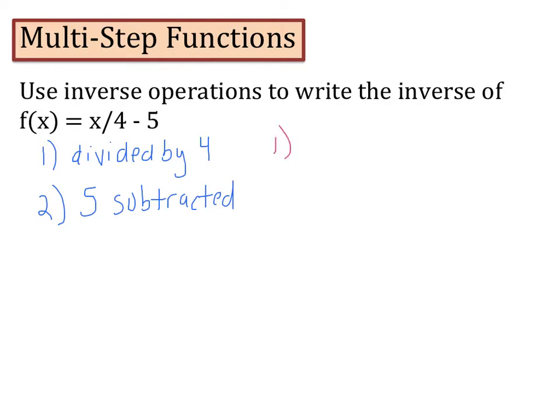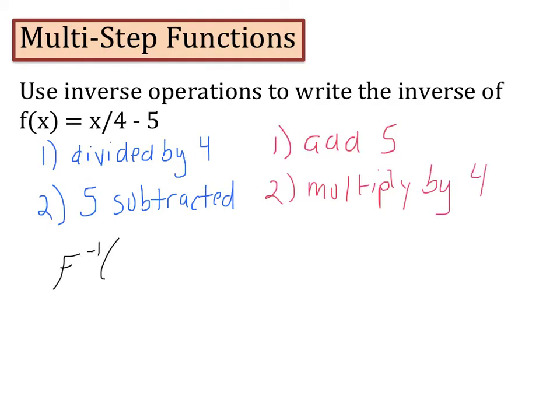So the first thing that should happen to it is that we add 5 to it. And the second thing we should do, we should multiply by 4. So our inverse function with respect to x will be x plus 5 multiplied by 4.